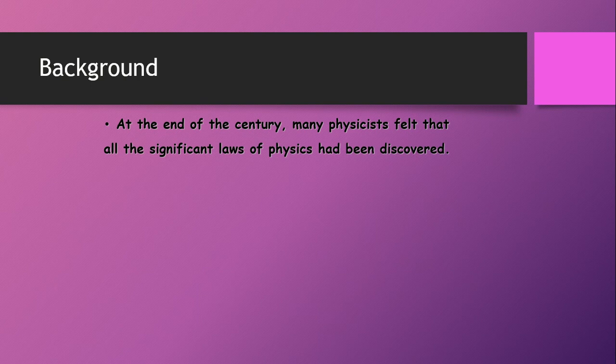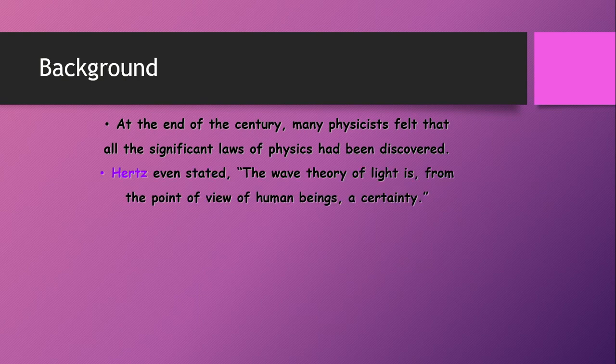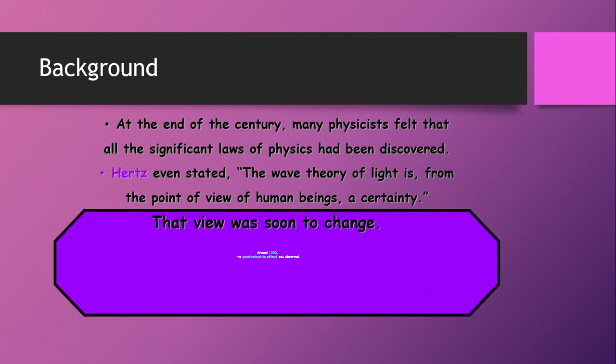We don't know, that is not stated. A physicist by the name Hertz stated that the wave theory of light is, from the point of view of human beings, a certainty. He was saying that light behaves as a wave.